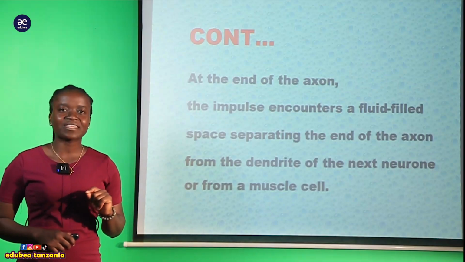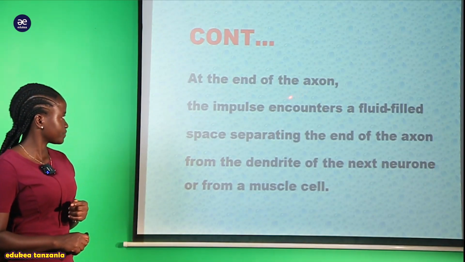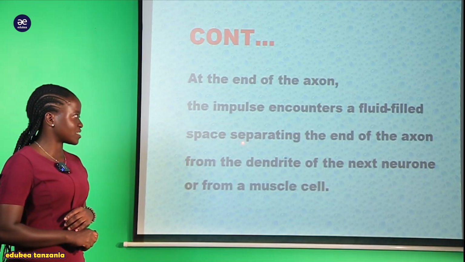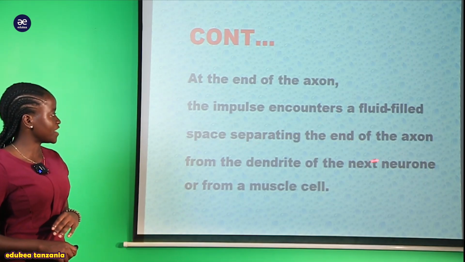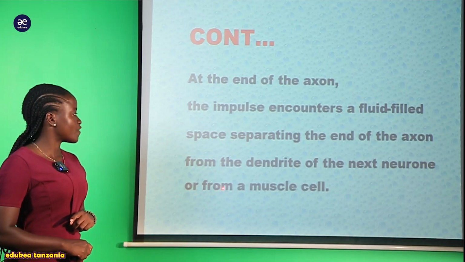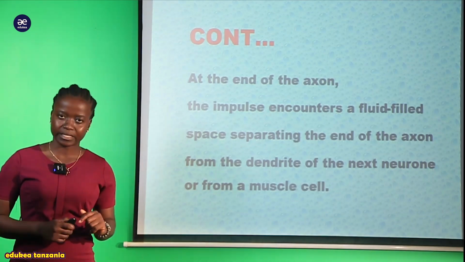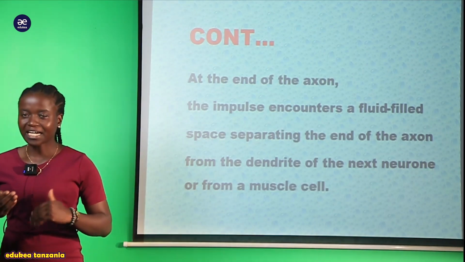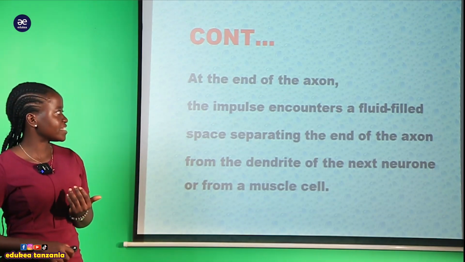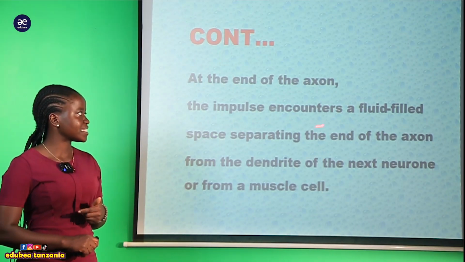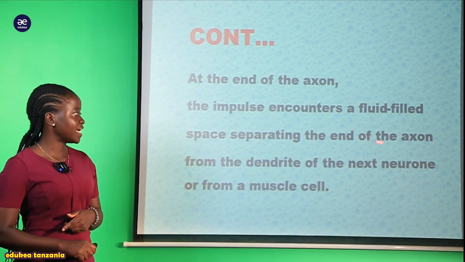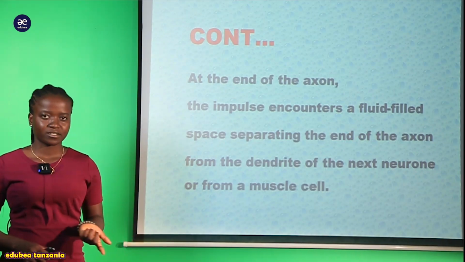Thereafter tunasema kwamba at the end of the axon, the impulse encounters a fluid-filled space separating the end of the axon from the dendrite of the next neuron or from the muscle cell. So mwishoni kabisa wa ile axon, ile impulse inakutana na fluid-filled space separating the end of the axon from the dendrite.